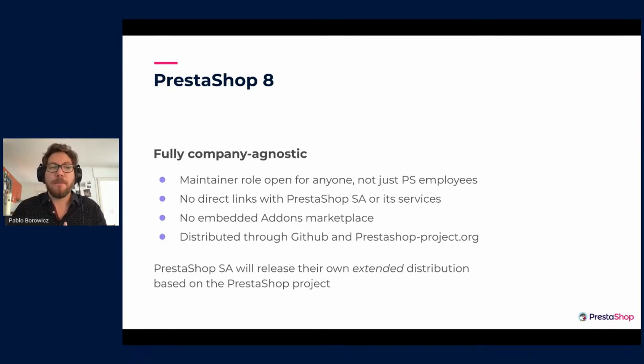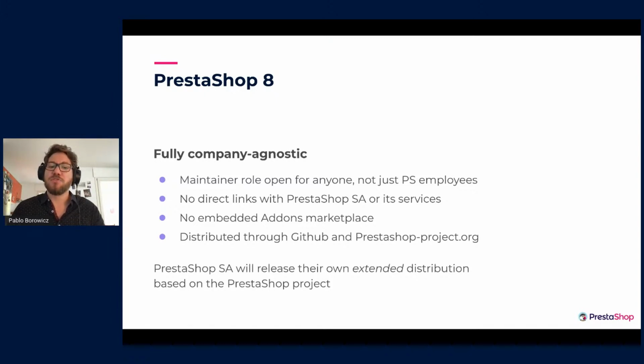All basic services, like for example, localization, currency updates, native modules, and so on, will be provided by an API, but that will belong to the project and not to the company. And lastly, PrestaShop will be distributed exclusively through GitHub and the new PrestaShopProject.org site.